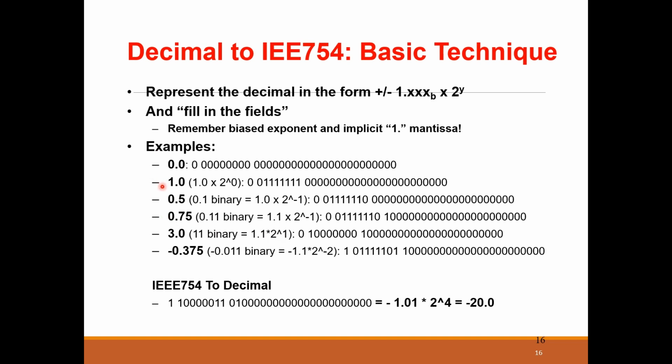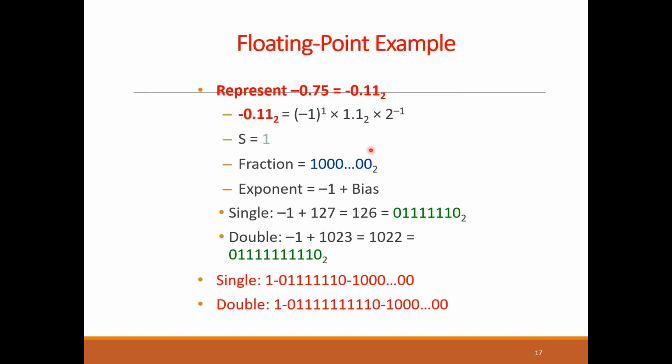So with that, you can convert these numbers. The solutions are already given, but I will be solving one problem with you. The conversion can be both ways: decimal to IEEE 754, and if the number is given in IEEE 754, how to convert it to decimal? The answer is given here, okay? But I will be solving one of them with you.